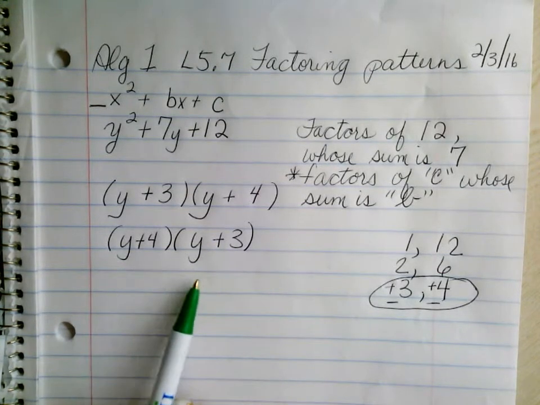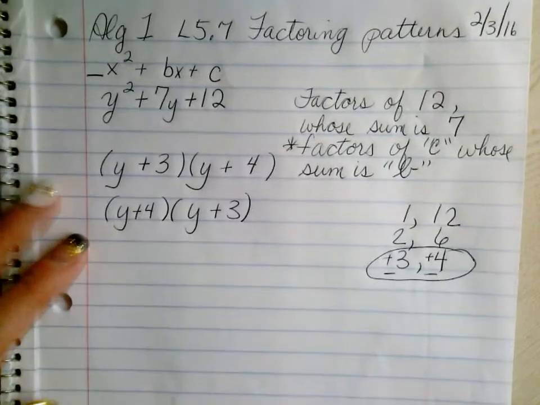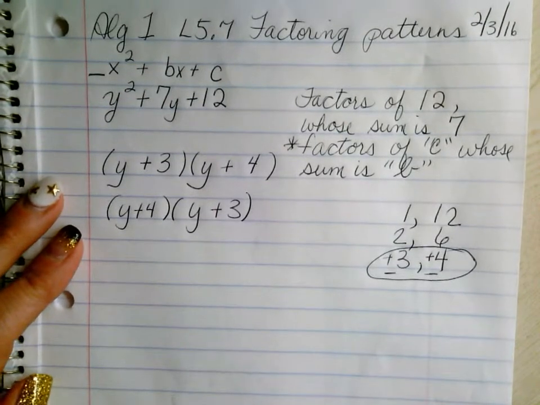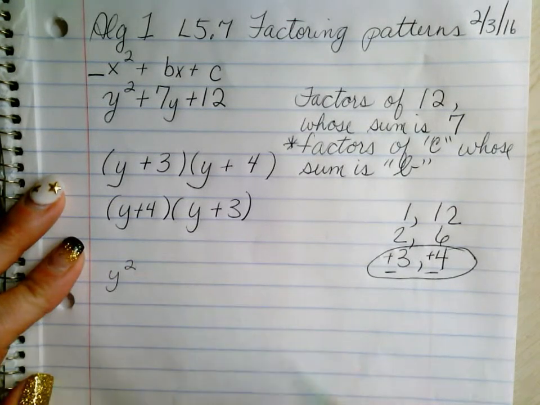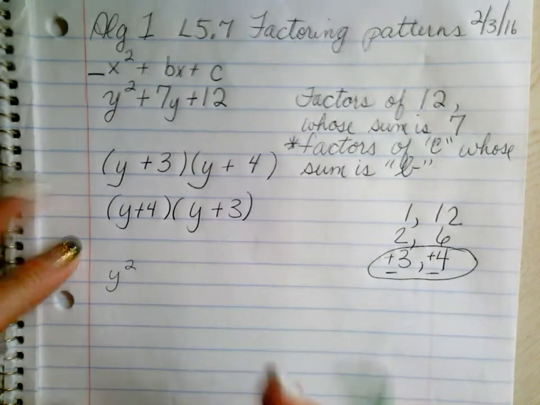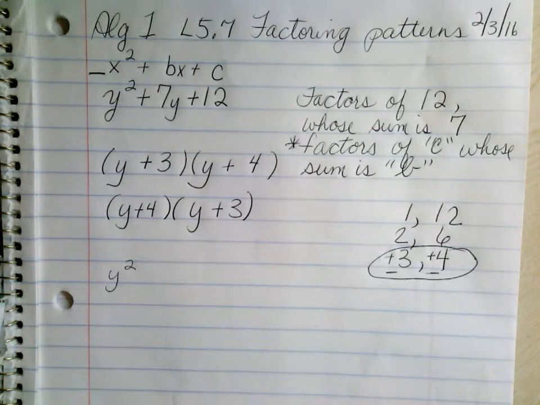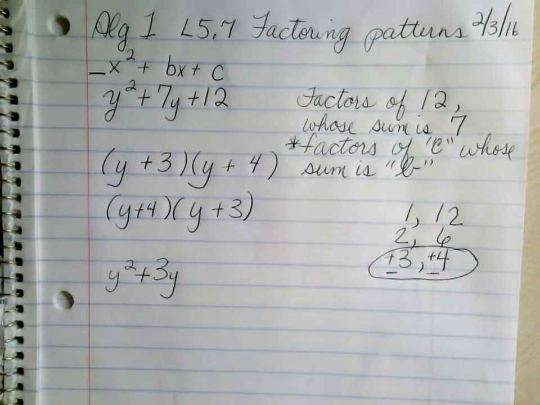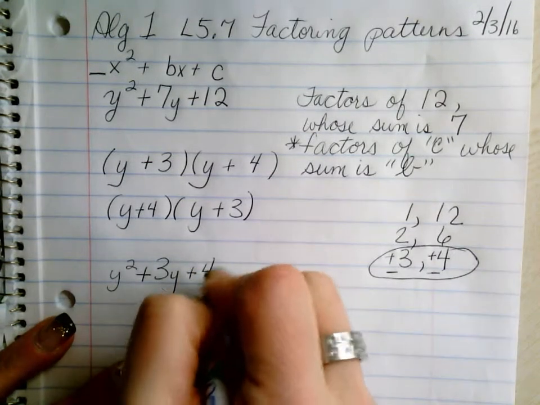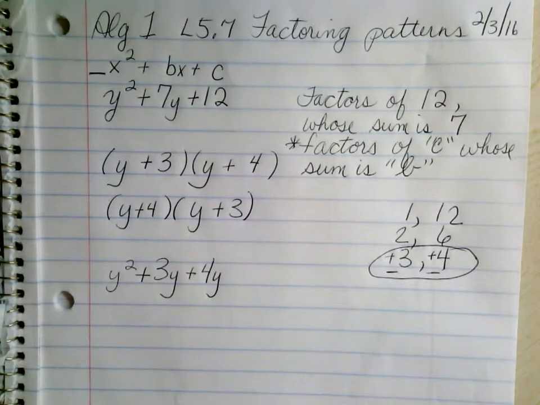Okay? The final step, after you've done one of these, is to verify your work by FOIL. Okay? What is F? Y squared. O? 3y. I? 4y. L?